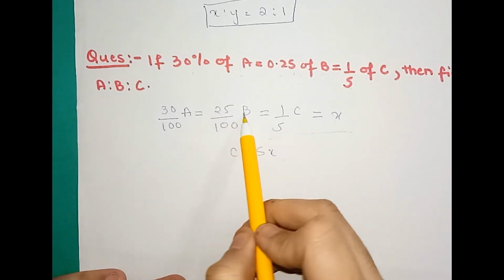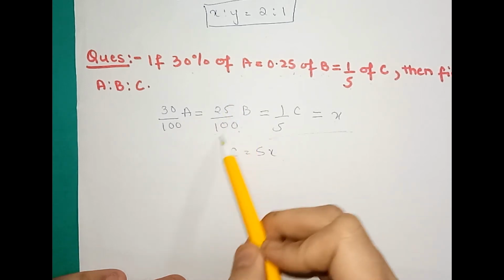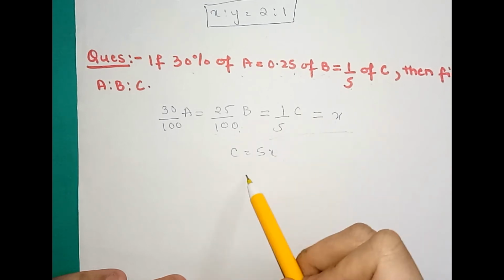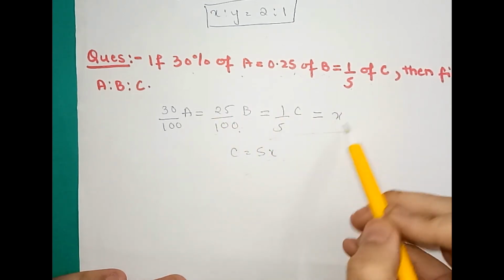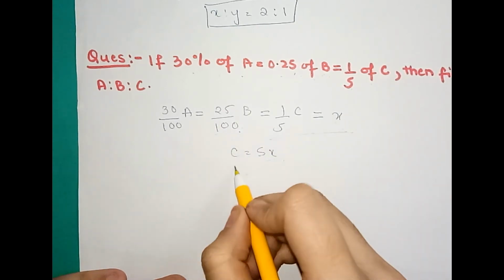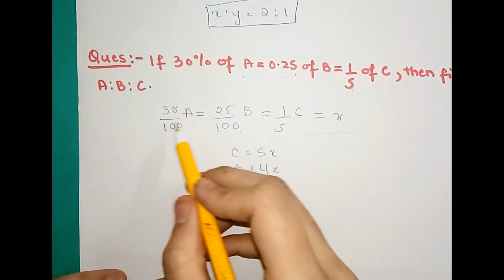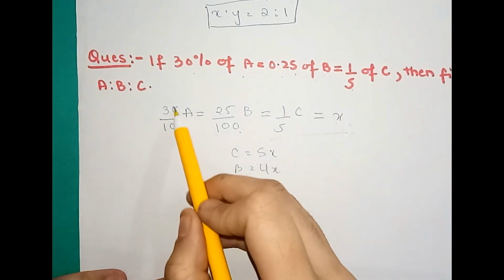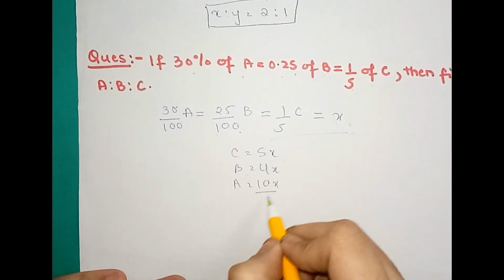Similarly, 25 by 100 of B, or you can write it as B by 4, is equal to x, so B's value will be equal to 4x. And similarly, A's value: 30 by 100 of A is equal to x. So you can say that A's value will be equal to 10x by 3, right?